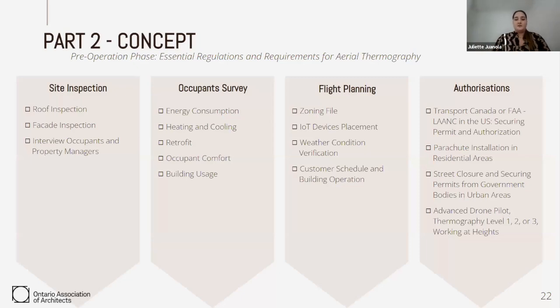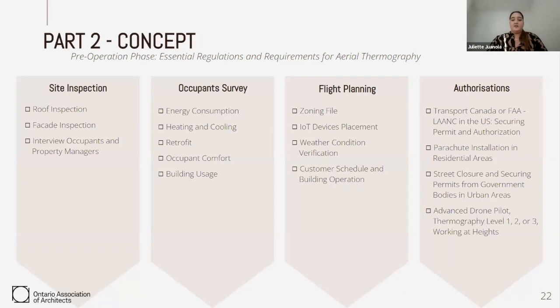The IoT devices placement can also be planned in advance. These devices are meant to collect data about the environment. It can be the temperature outside, inside the building, or on the surface of some elements. It really is as much data as necessary for the purpose of the analysis, and this can also be based on the occupants' and customers' needs.